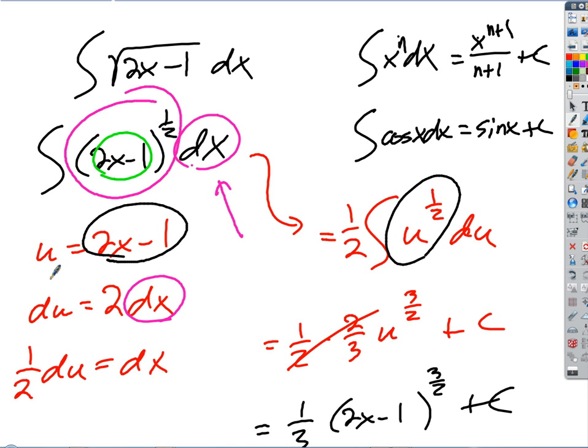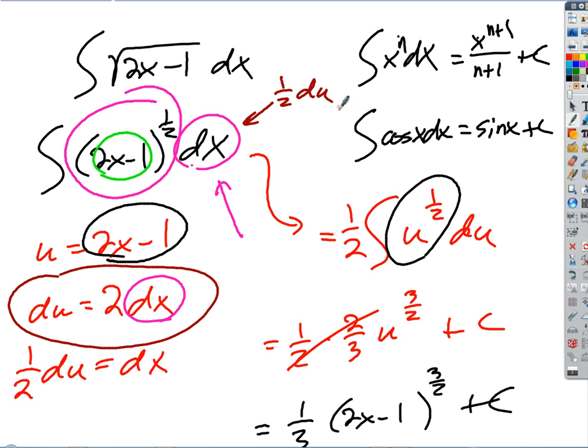And so that's where, here's what we got when we differentiated, but all we really need is the dx. So to isolate the dx, we just multiply each side by 1/2. And we find out that dx is going to get replaced by a 1/2 du. We'll put the 1/2 outside and the du at the end.